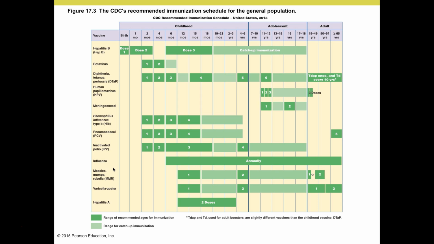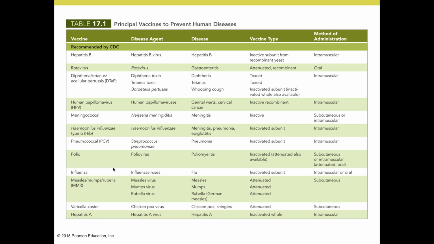So the CDC recommended immunization schedule. Controversial. Why? Well, there has been a lot of controversy behind autism and vaccination, and the amount of vaccinations given to young toddlers. However, nothing has been clarified about this because, for example, you might have two twins, and one of them has developed autism and the other one didn't.